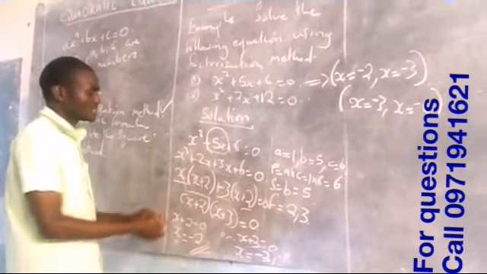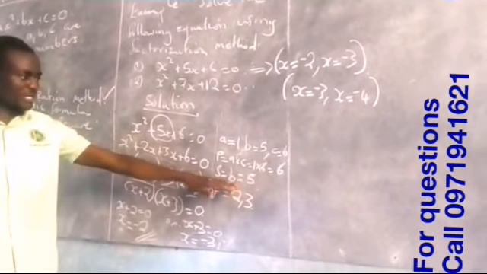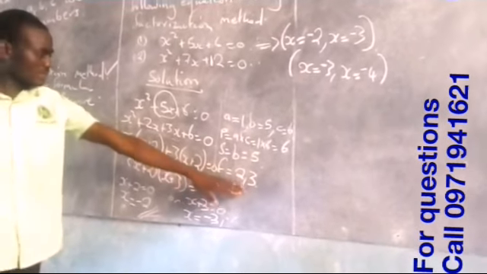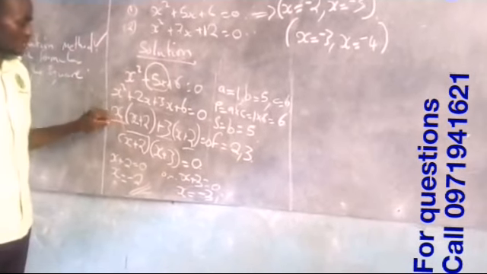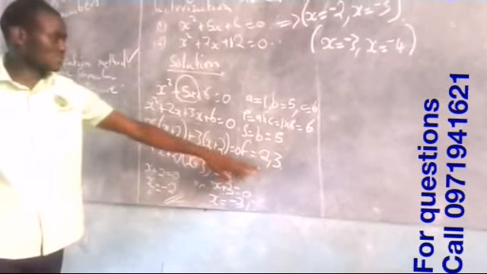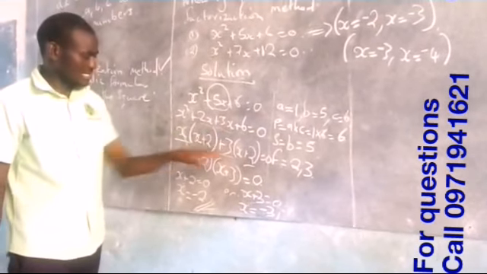Please make sure that you follow the steps. You factorize, you find the factors by the use of the factorization method. Then you substitute your factors where there is b to produce this step.